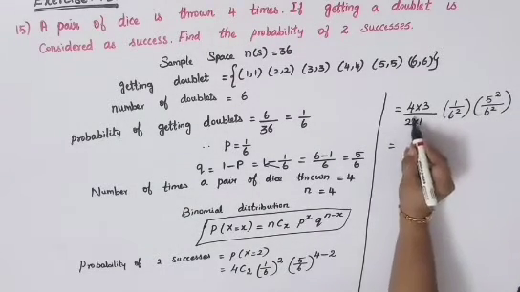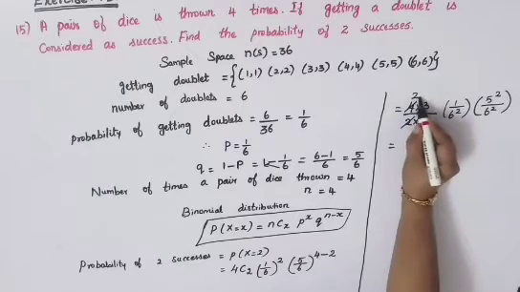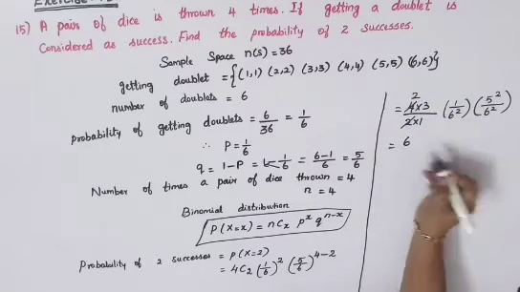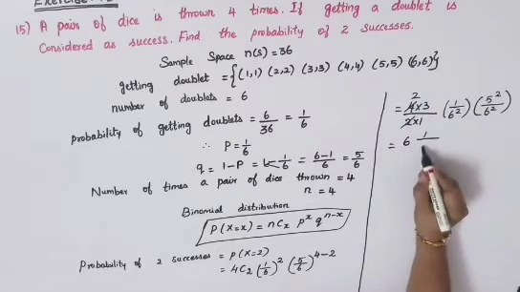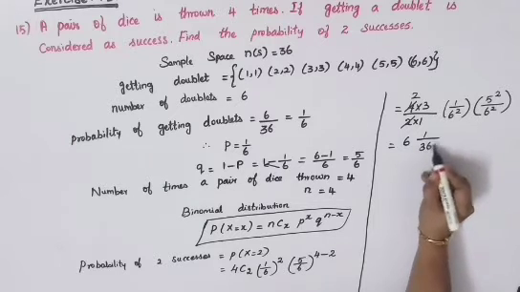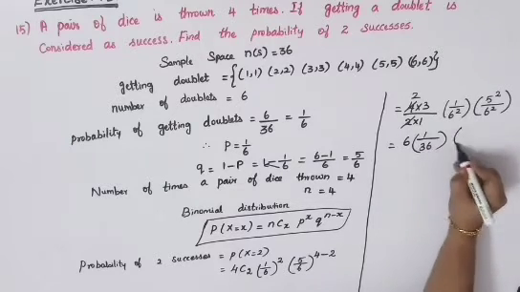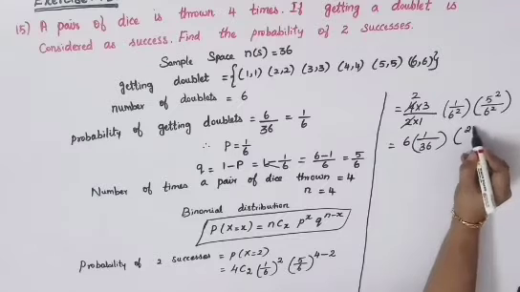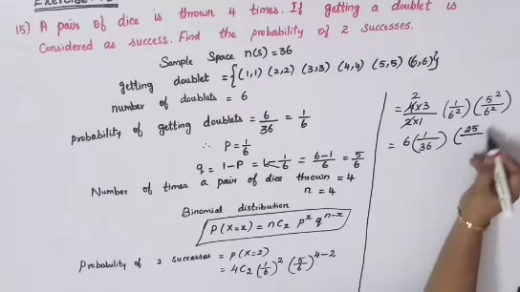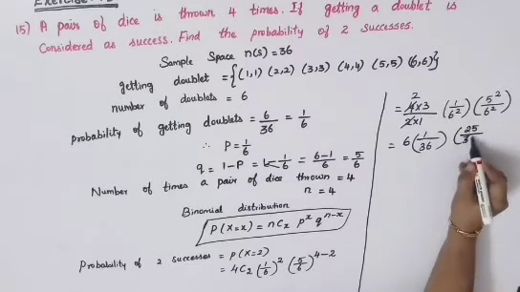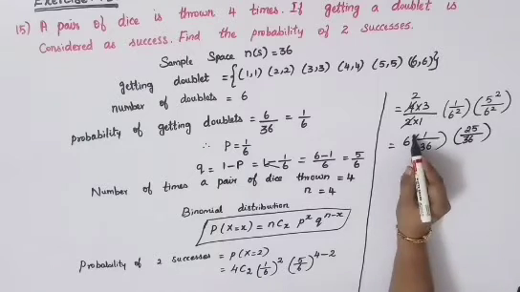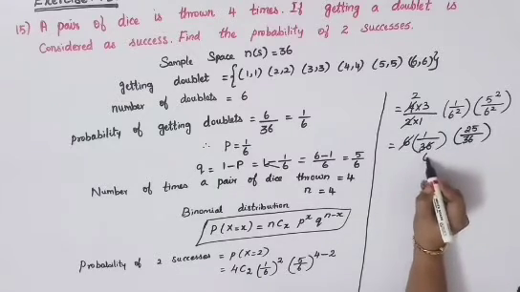which is equal to: 2 and 4 you can cancel, you get 2, so 2 threes are 6. This 1 by 6 squared will become 1 by 36. Again here 5 squared will become 25 divided by 6 squared, which is 36. So you can cancel this 6 and 36, you will get 6 times.